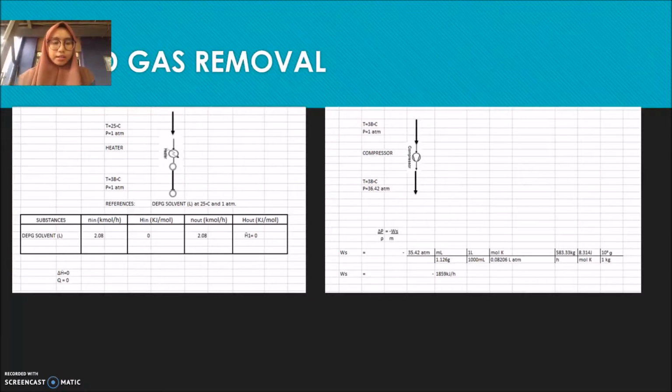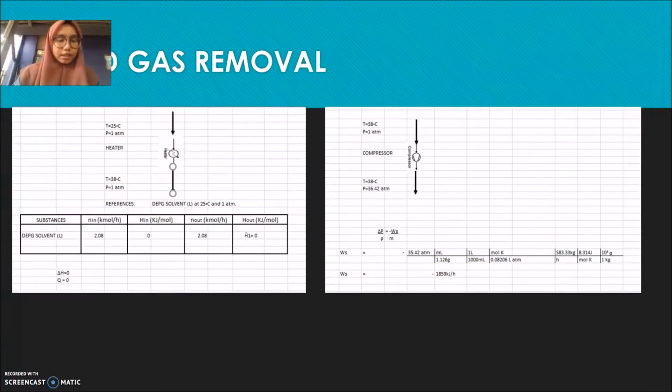The temperature and pressure for the DEPG solvent at the beginning is 25 degrees Celsius and 1 atm. Before entering the absorption unit, the DEPG solvent will enter a heater to increase the temperature to 38 degrees Celsius.